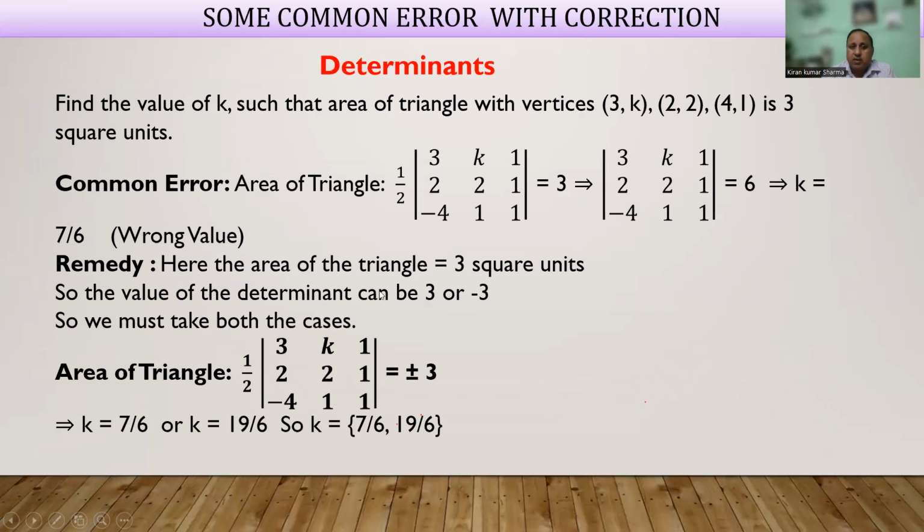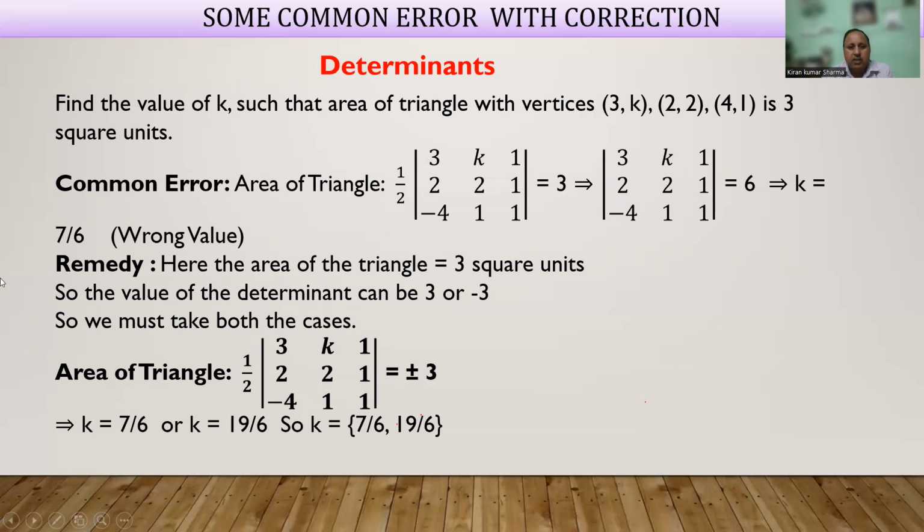One more mistake in determinants. Find the value of k such that the area of the triangle with given vertices is 3 square units. Students know the formula for the area of a triangle, so they write 1 by 2 times the determinant of x1, y1, 1, x2, y2, 1, x3, y3, 1, and equate that simply to 3, which is wrong.